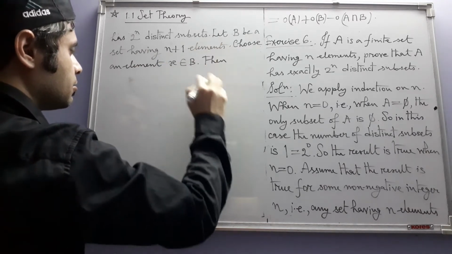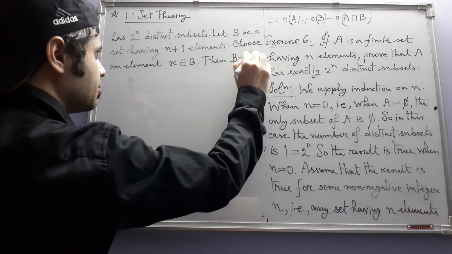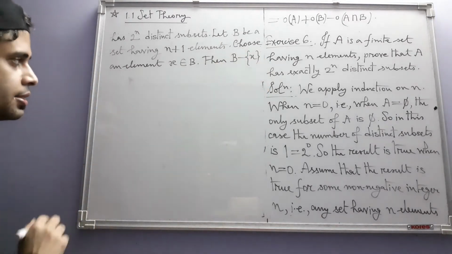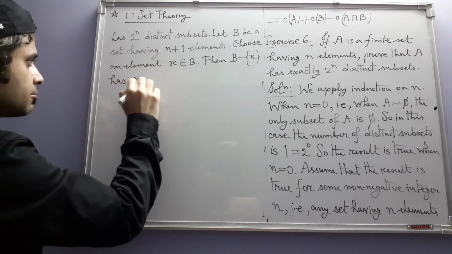Then this difference, if we remove this element x from B, this set has how many elements? n elements.